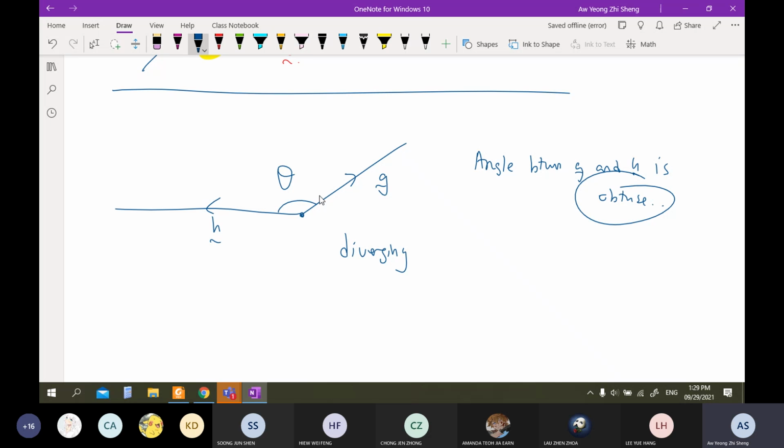If the angle is obtuse, you leave it that way. It would be wrong if you take this alpha here. This is wrong. When the vectors are diverging and you get an obtuse angle, then your answer is obtuse. You leave it as an obtuse angle.